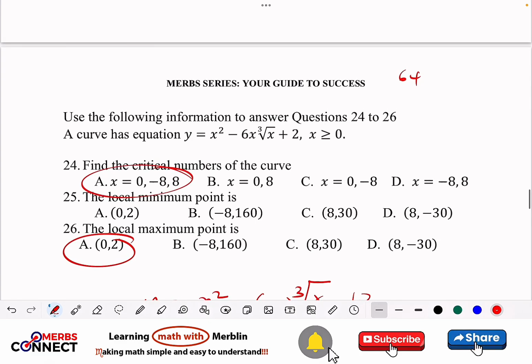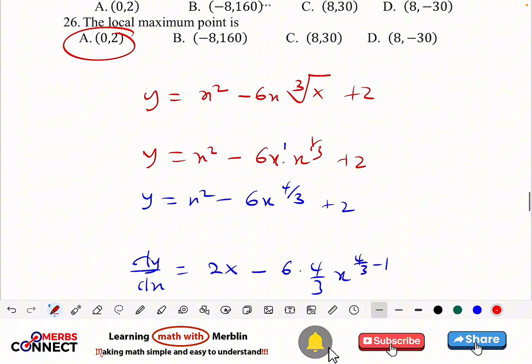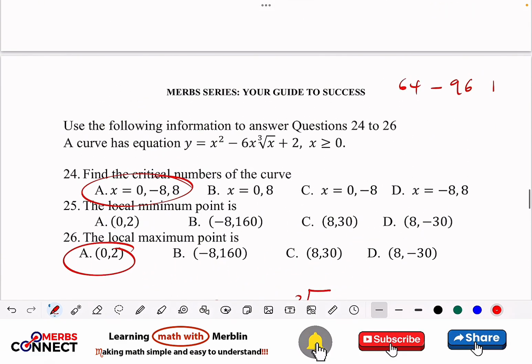So this is going to be minus 96, then plus 2. So let's add it: 2 minus 64 minus 96 gives us minus 30.